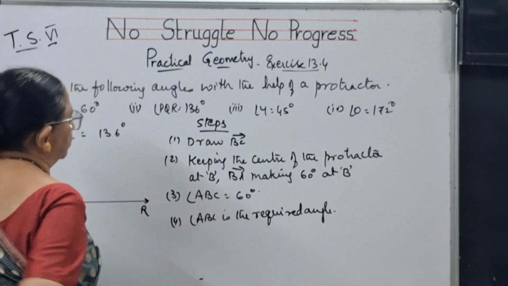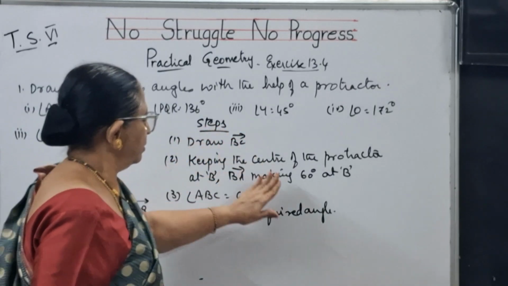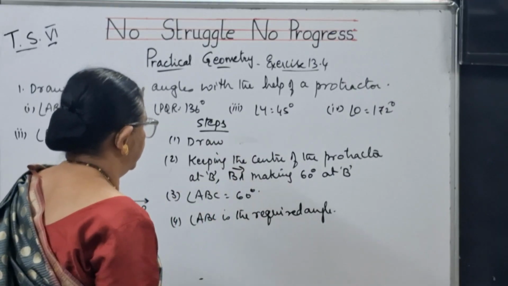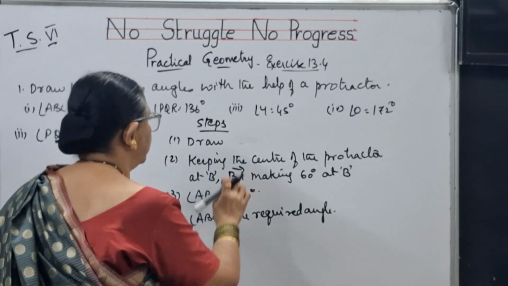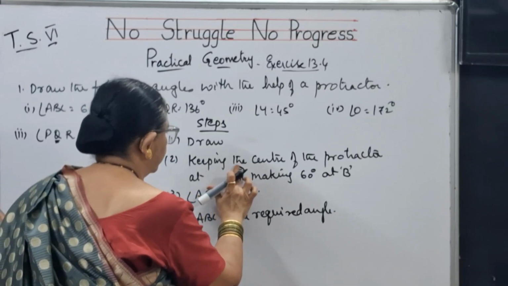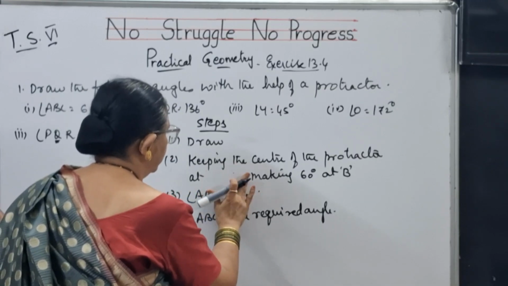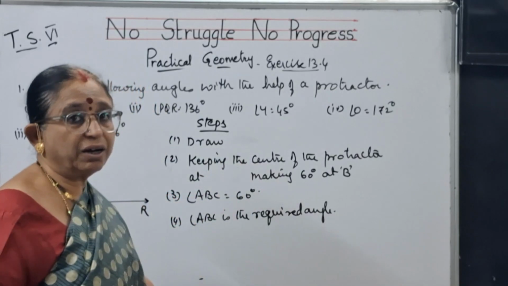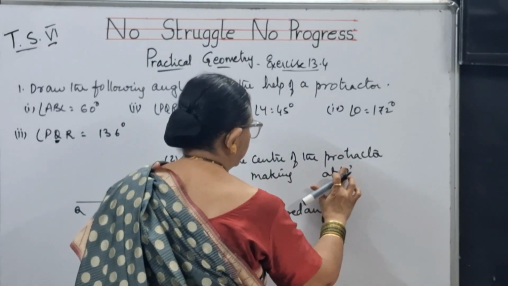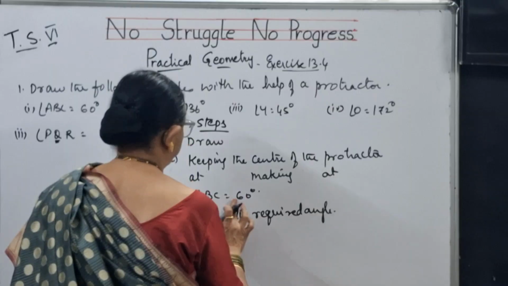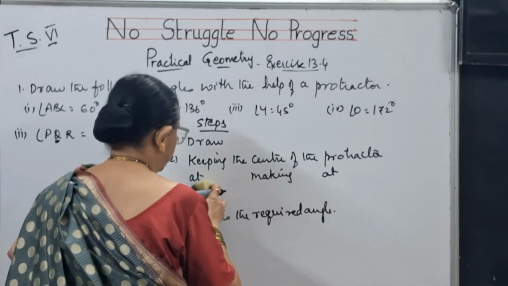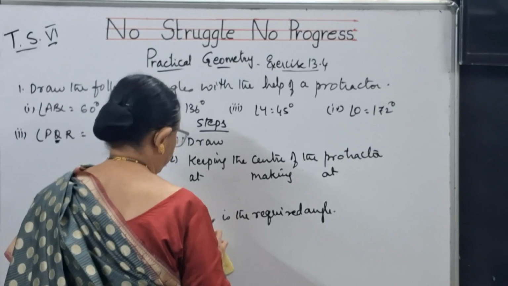I am only going to change the letters here so that it will be easy to learn these steps without any confusion. The same steps you can write. Okay, children, only the letters I am changing. Here also, this I should change. That's all.